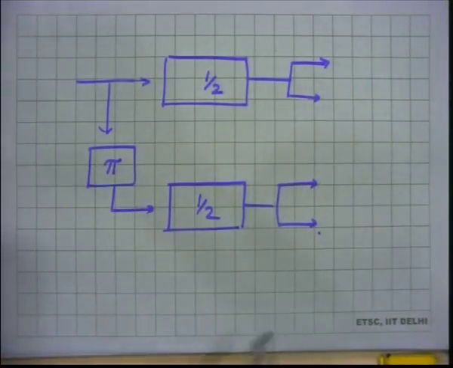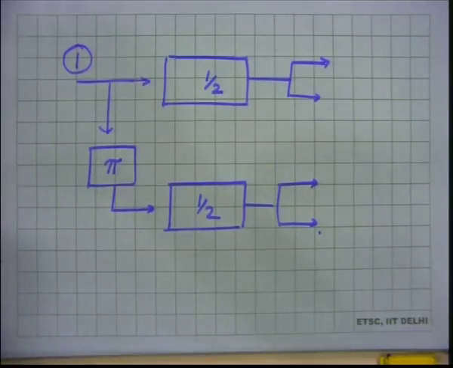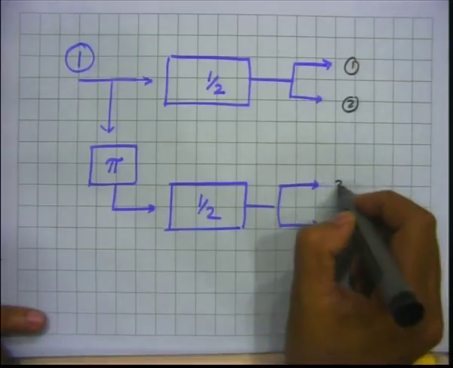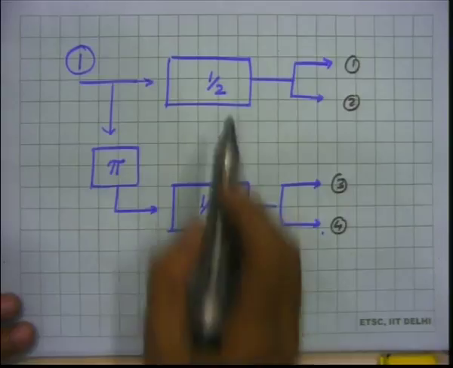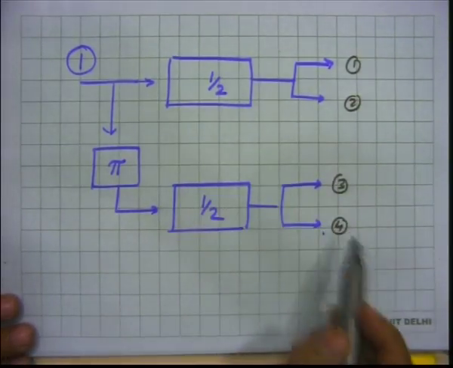So, you have 1 bit going in and you have 1, 2, 3, 4 bits, and it is not a surprise, because you have rate 1 by 2 and rate 1 by 2 leading to an effective rate 1 by 4.